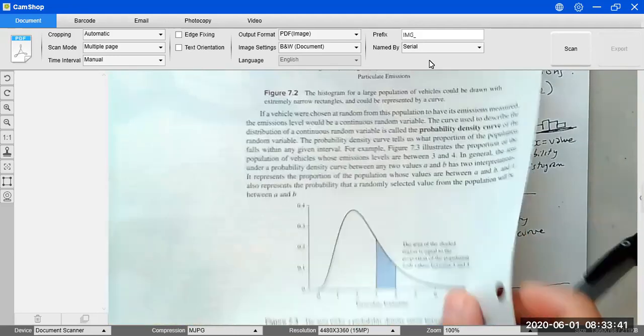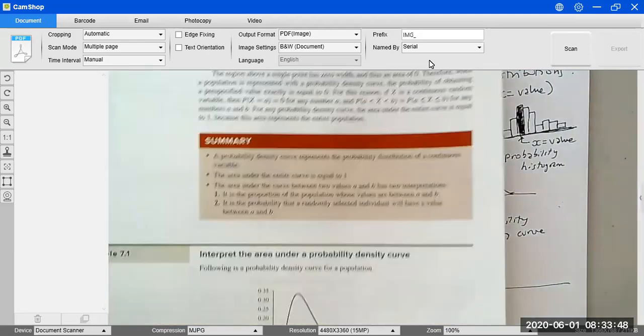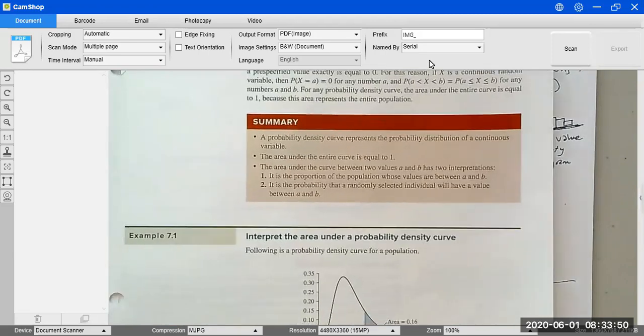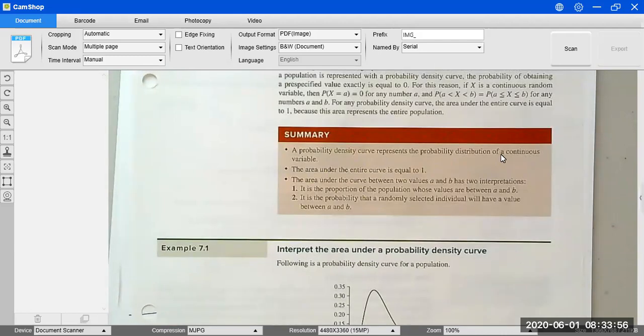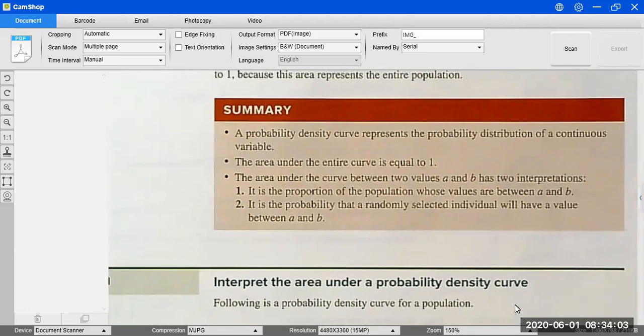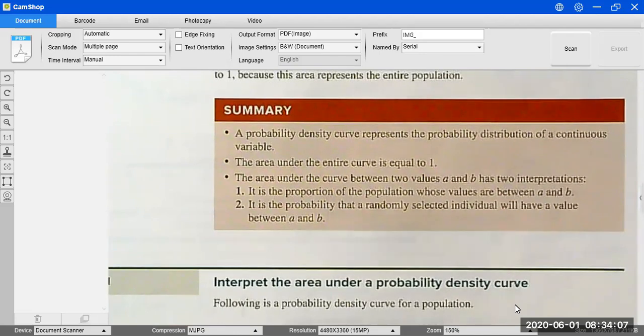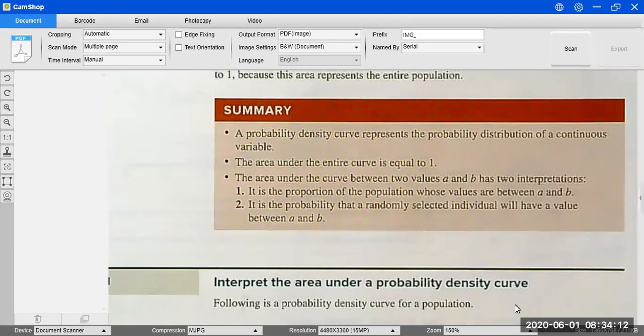The most important thing is the meaning of the areas of those curves. As I mentioned before, the curve is called a probability density curve. On page 295, we have a summary indicating the main properties of those curves. The most important one is that the area under the entire curve is equal to 1.